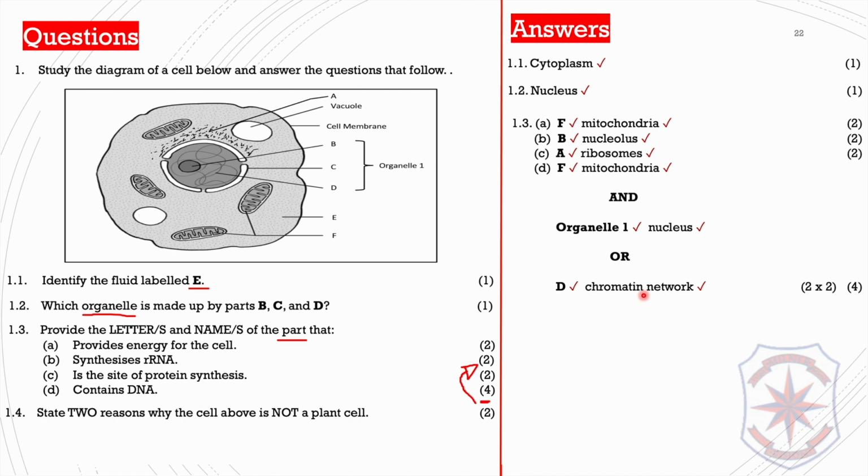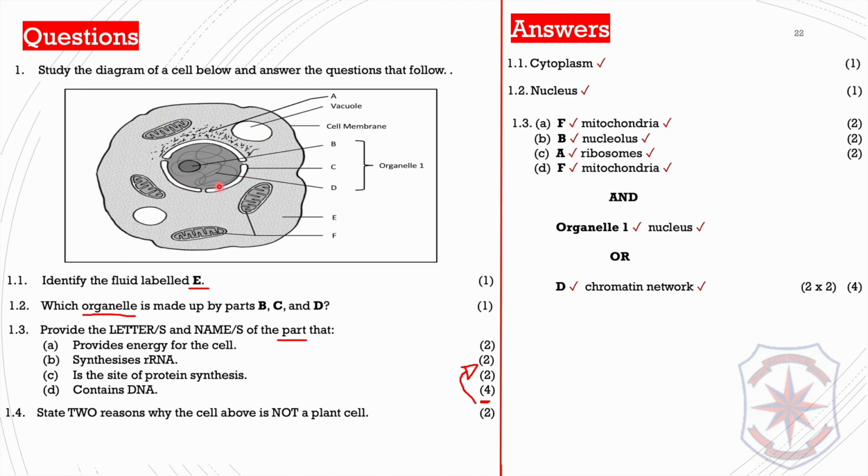Following question. State 2 reasons why the cell above is not a plant cell. We know that plant cells have cell walls, and then also we know that plant cells have chloroplasts. This cell does not have both.